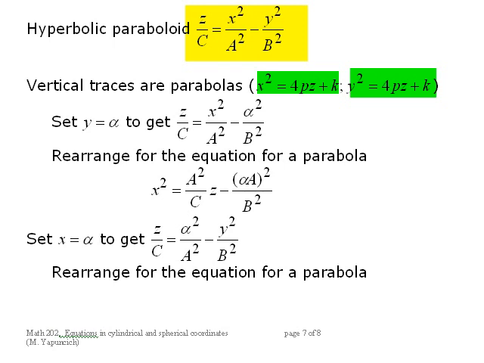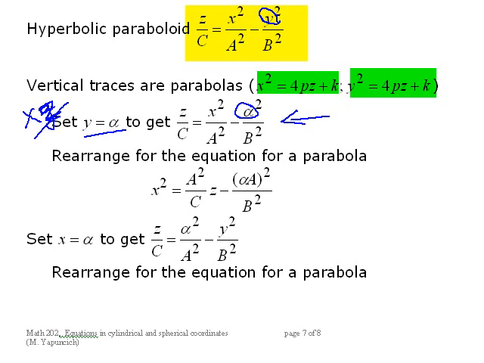So to find the vertical traces in planes parallel to the xz plane, set y equal to alpha and put it in the equation. When you put it in the equation, you get this. I just substituted alpha for y. Then rearrange.